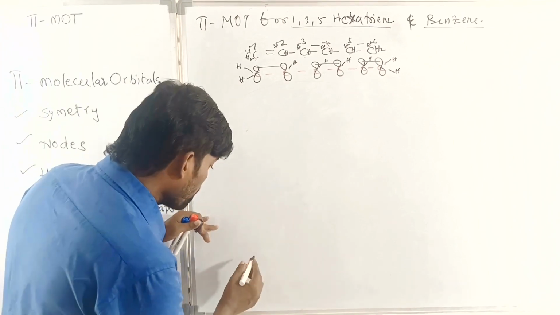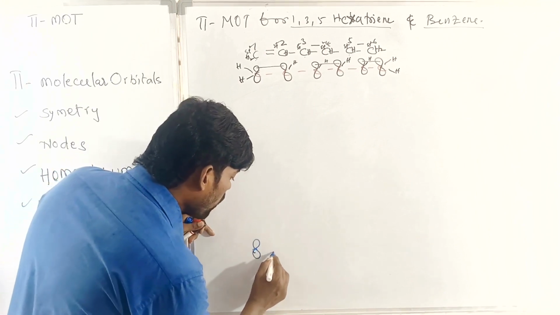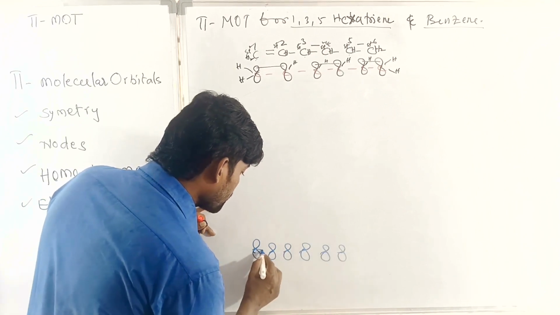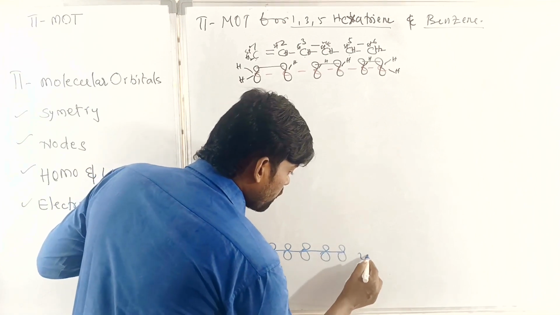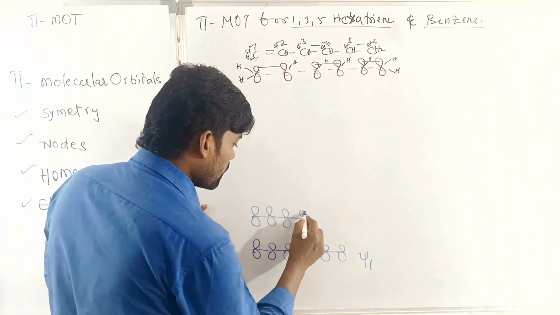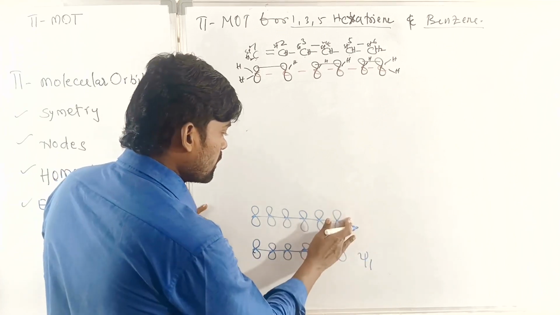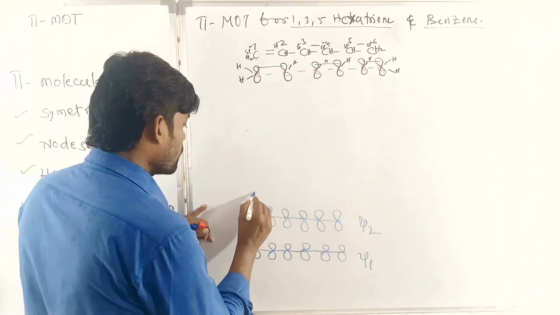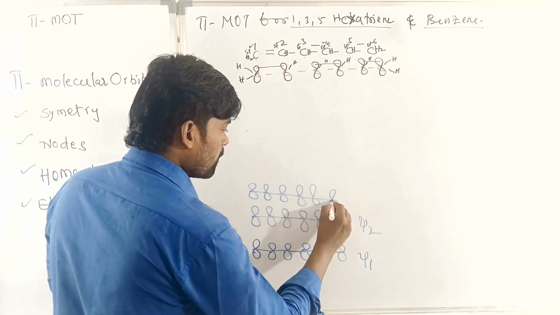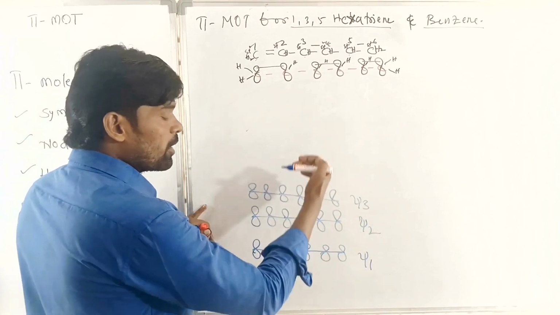Those 6 are psi 1, psi 2, psi 3, psi 4, psi 5 and psi 6.